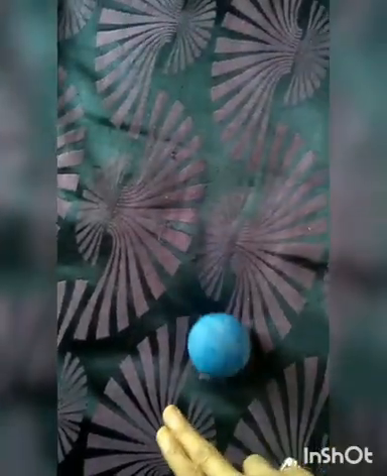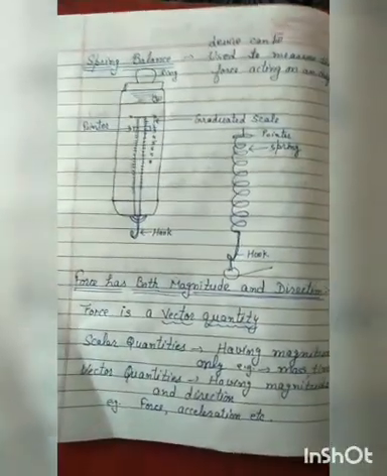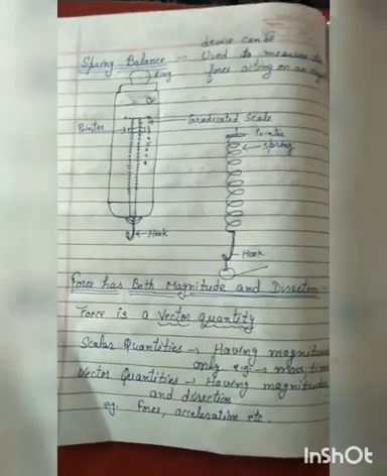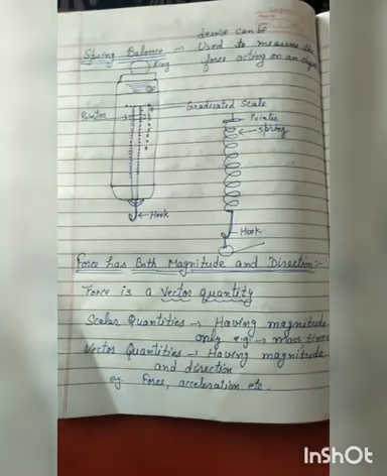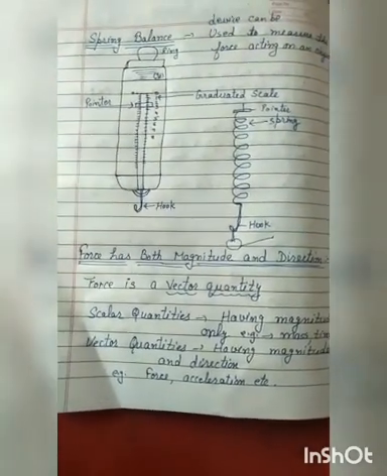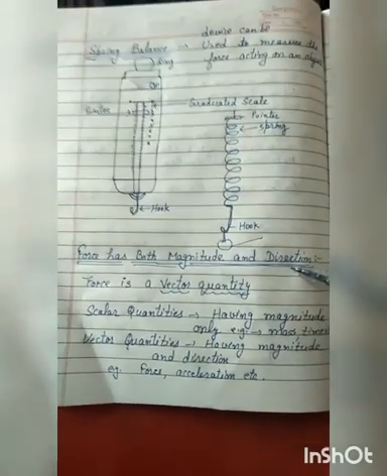So this force has both magnitude as well as direction. And students, the quantities which have both magnitude and direction are known as vector quantities. So force is a vector quantity because it has both magnitude as well as direction.